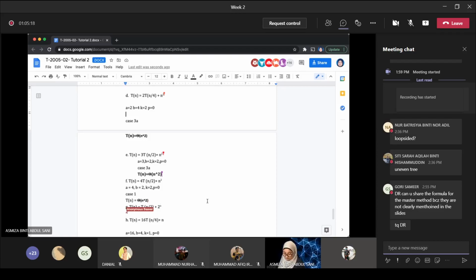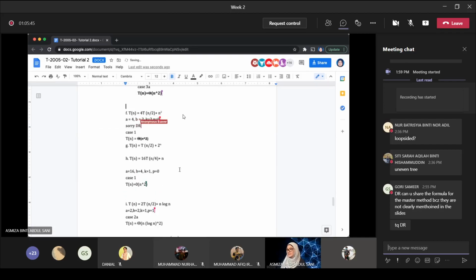The formula said for case 1, are you sure it's case 1, that one? So log A over B is 2, and K is equal to 2. It's supposed to be case 2. For F, everyone, look at question F. So log 4 base 2 is 2.